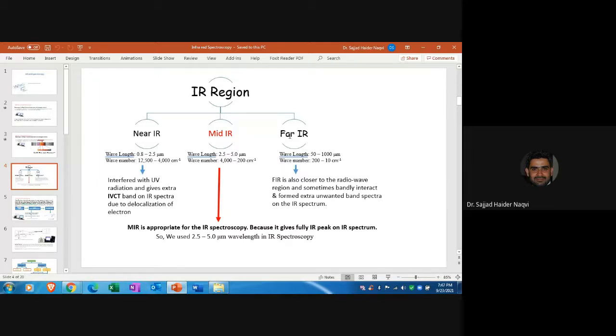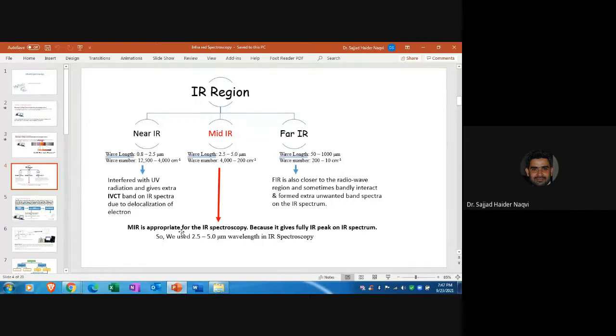Now, I'm not very interested in these specifications of the wavelength. The only thing that I want to emphasize is that this mid IR is actually the one which I mentioned is appropriate for all IR spectroscopy analysis. The reason is that it gives a full IR peak in the IR spectrum.